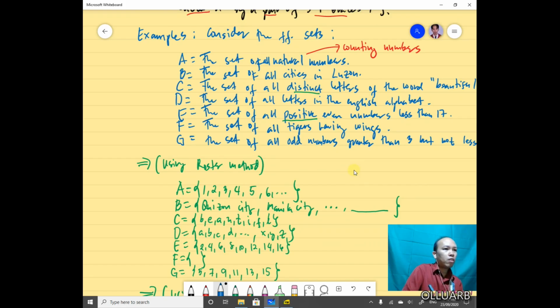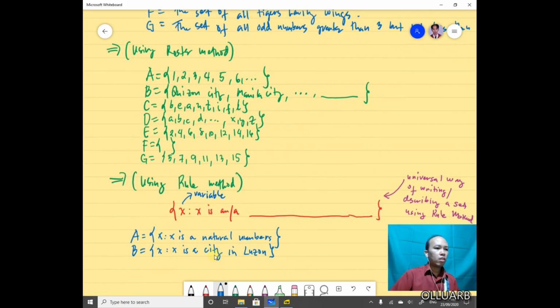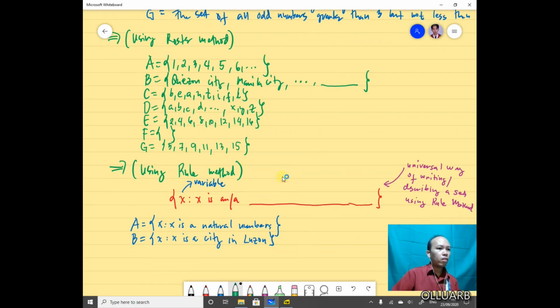For letter B, the plural word for city is cities, which is used in the given, and it will become singular. For example, your x here is Quezon City. I think this is a wrong spelling. Anyway, example, Quezon City, x is Quezon City. So the set of all x such that x is, so Quezon City is a city in Luzon.